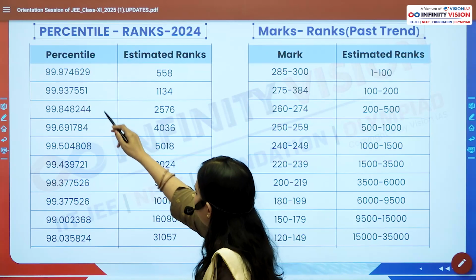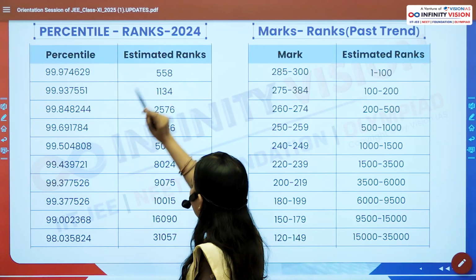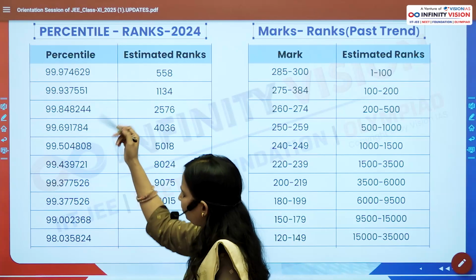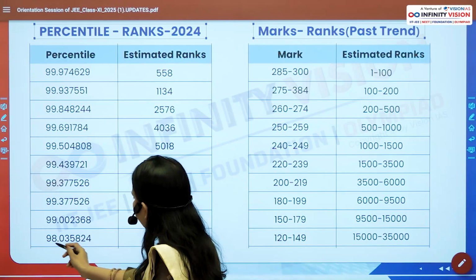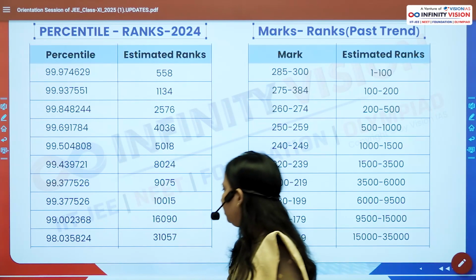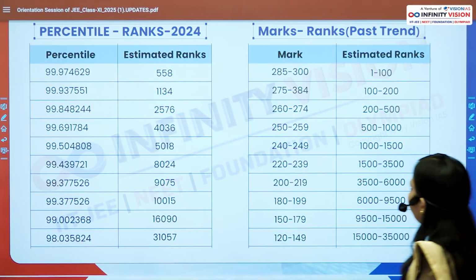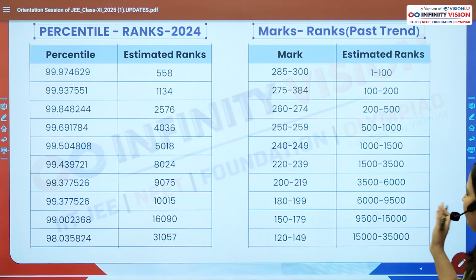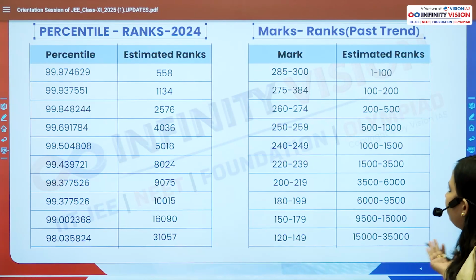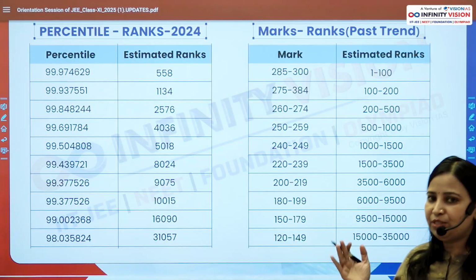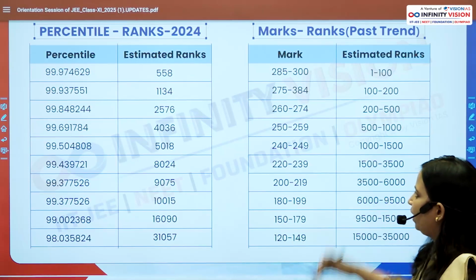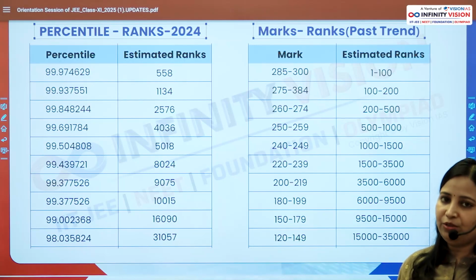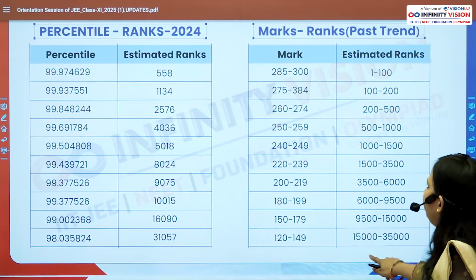For 99.97 your rank is 558, and for a difference of only around 1.8 or 1.9 percentile you get a rank of 31,057. So these are the estimated ranks based on marks and percentile, which help you understand how many marks you have to score to get a very good rank in the JEE Mains exam.